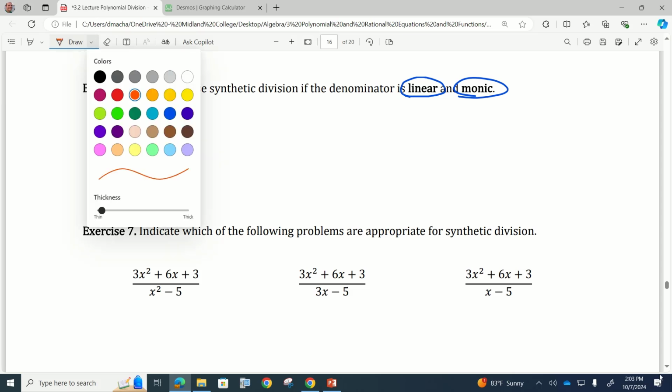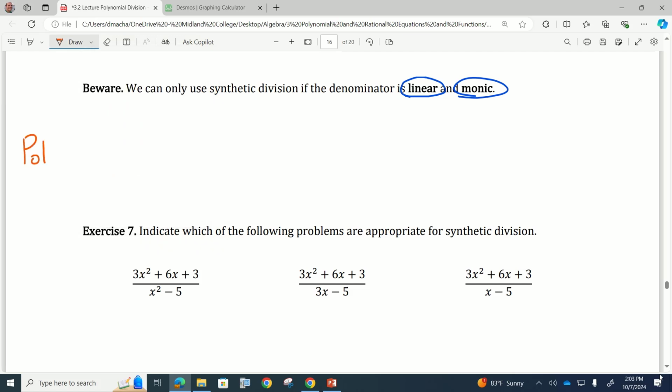On the other hand, polynomial long division always works. So there may be a situation on your homework and on your tests where you have to use polynomial long division and you can't use synthetic division. Because polynomial long division, it takes longer, but it always works.